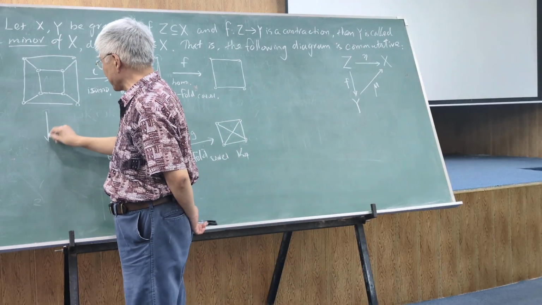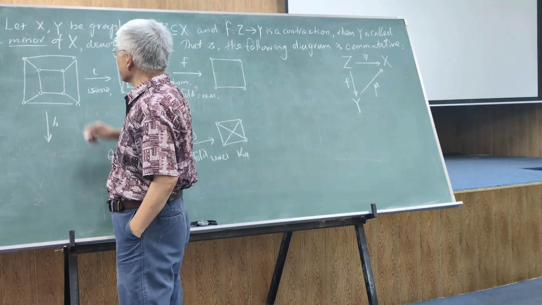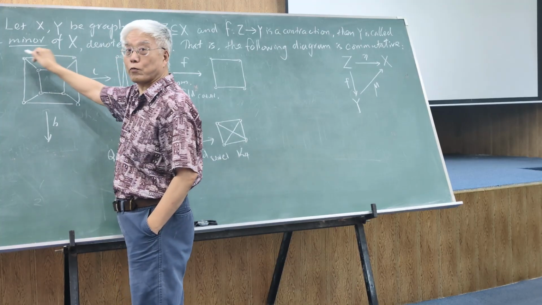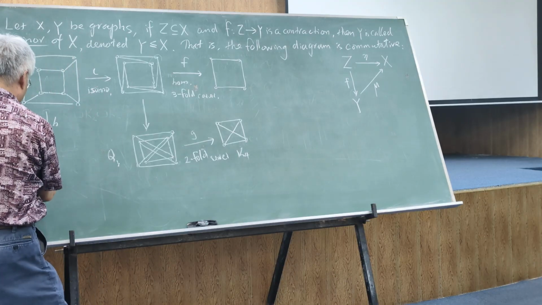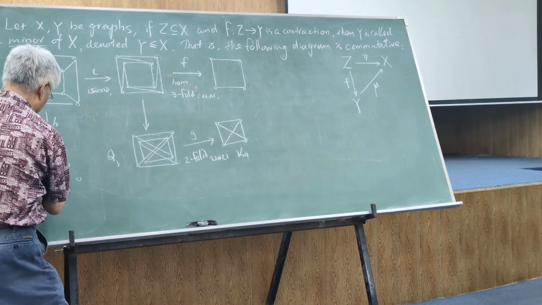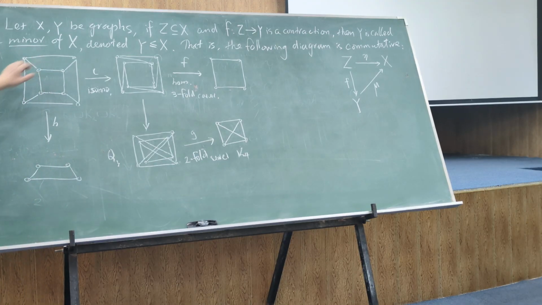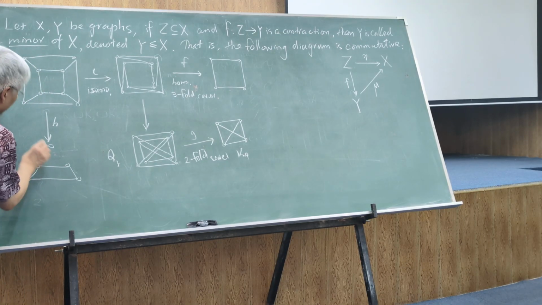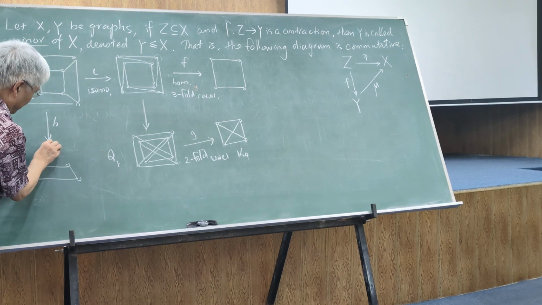So let us consider mapping H. Still from this one, we're going to map all those 4 vertices into one vertex. And these 4 are still retained. So this copy of the 2-cube is retained. Those 4 vertices are mapped to one vertex. And there is an edge from this vertex to those 2.